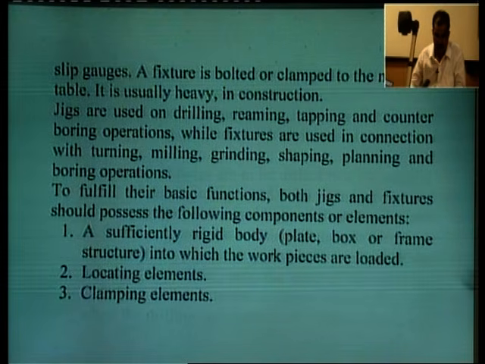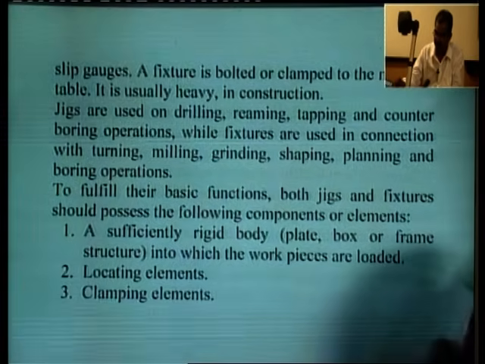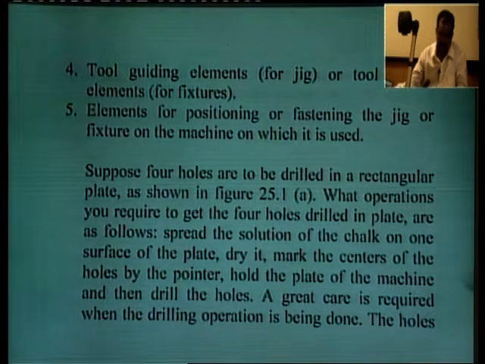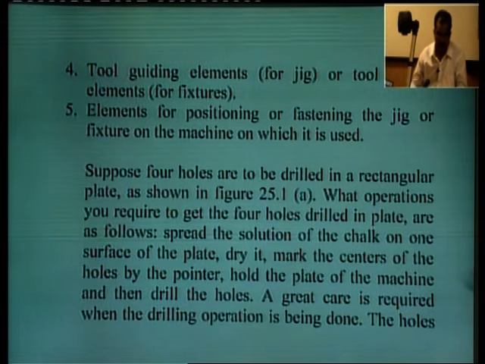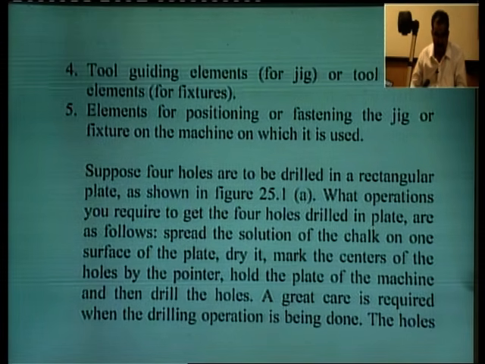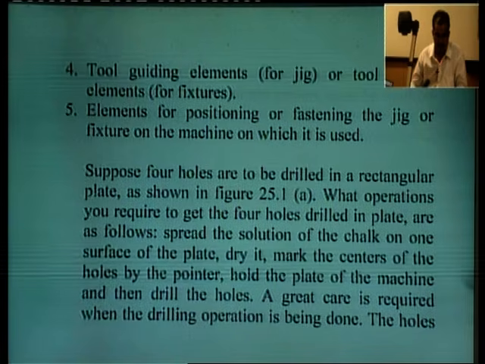Thirdly, it must have some clamping elements. It must have some tool guiding elements for a jig or tool setting elements for a fixture. It must have elements for positioning or fastening the jig or fixture on the machine on which it is used.